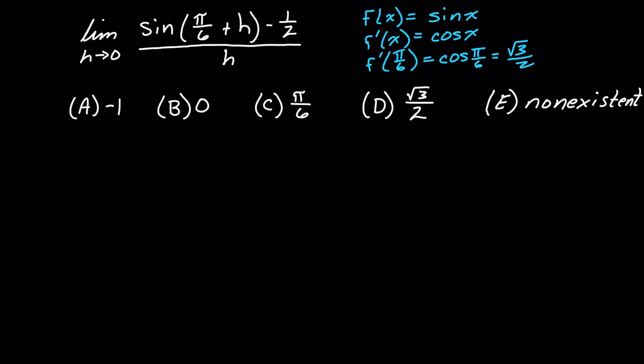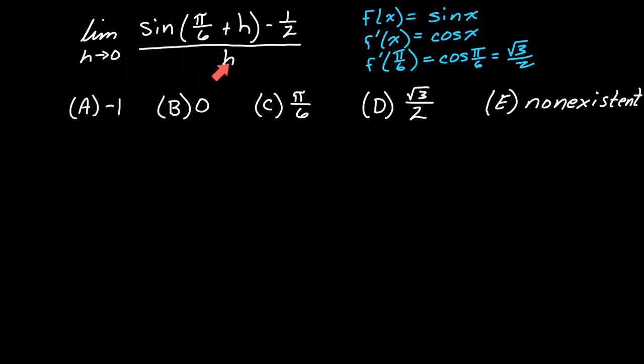Now let's take a look at using L'Hopital's rule on this as well. So if we substitute 0 in for the h, that would leave us with sine of pi over 6, which is a half. Minus a half is 0.